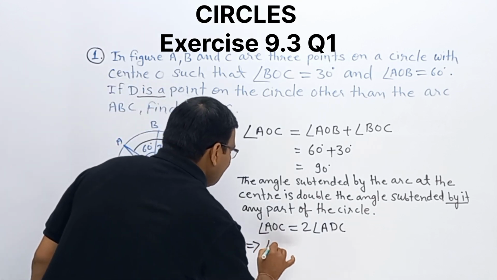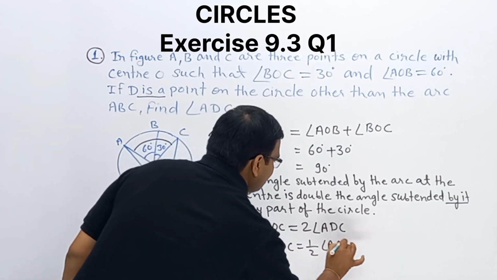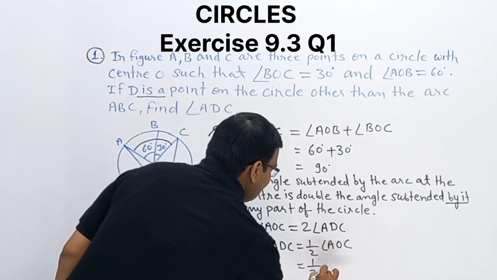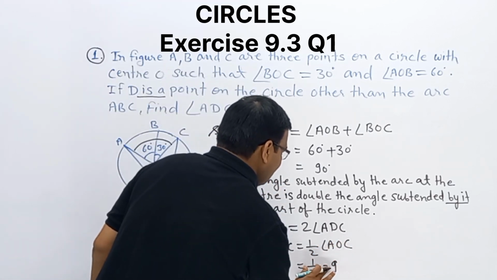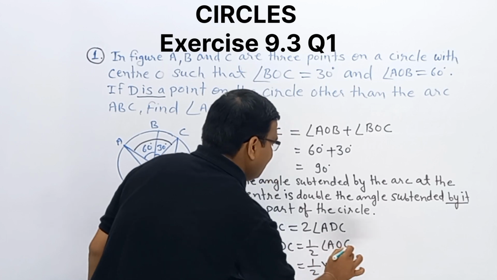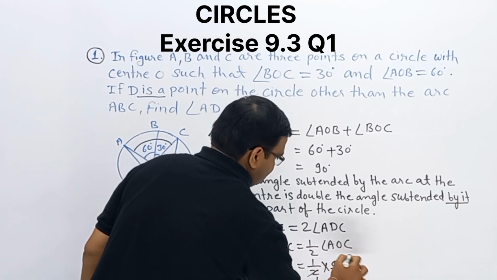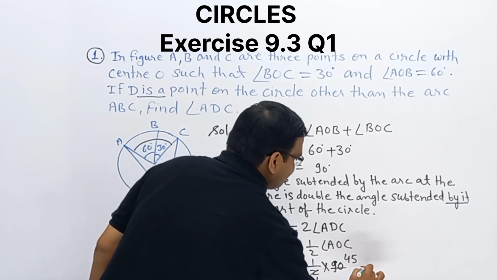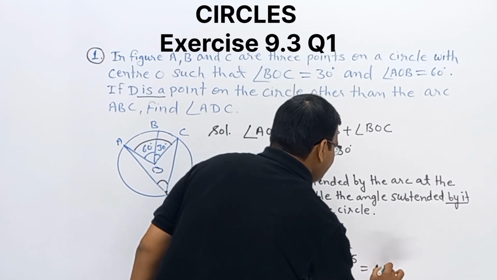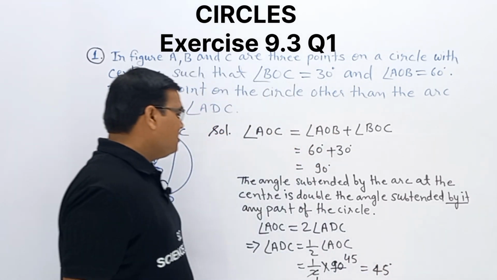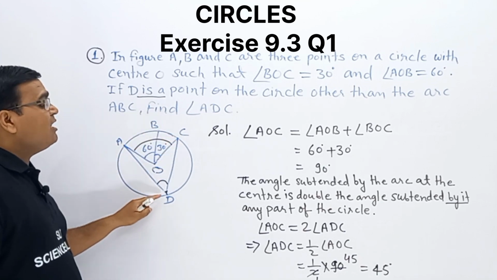This implies angle ADC will be half of angle AOC. Angle AOC is 90 degrees. So angle ADC is 1/2 into 90 degrees. Solving this, we get 45 degrees. 45 degrees is the angle subtended by the arc ABC at any part of the circle.